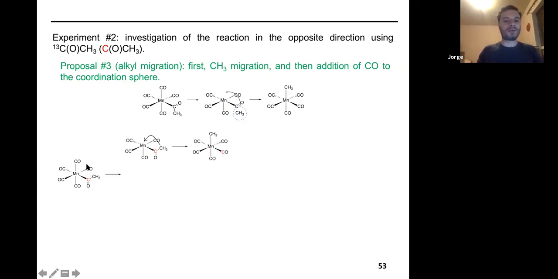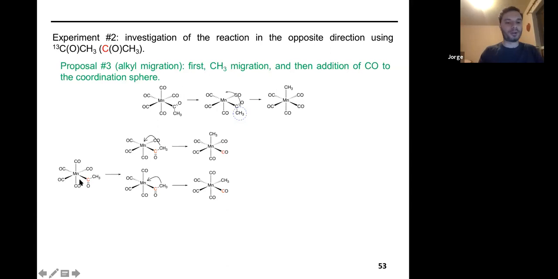What about if we lose this carbon monoxide over here, creating a vacant site in that position? Migration of the CH3 to that position produces a manganese complex where labeled CO and CH3 are again cis to each other.